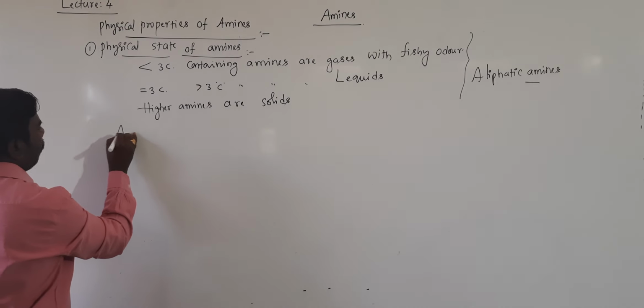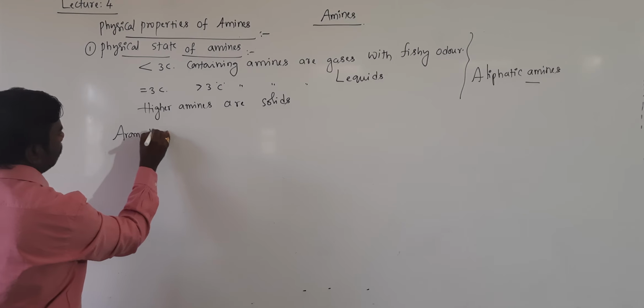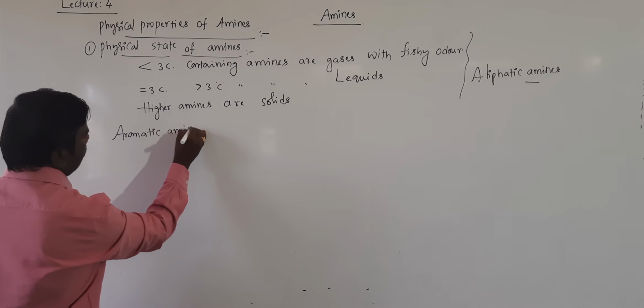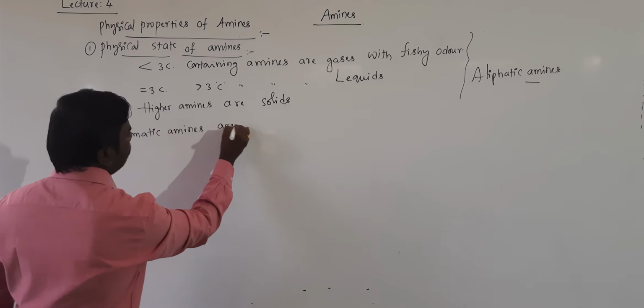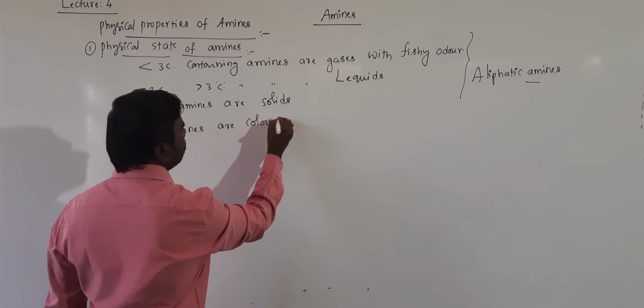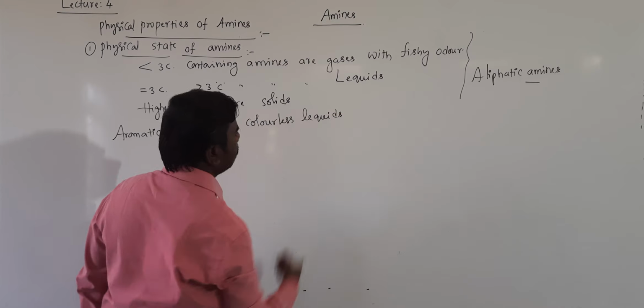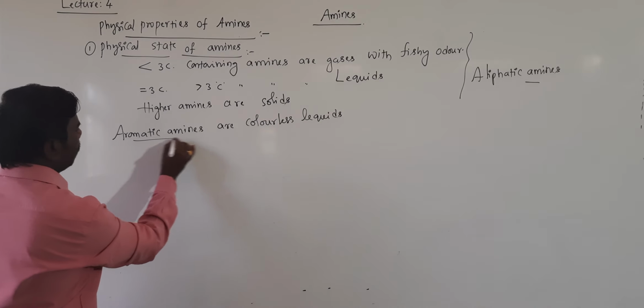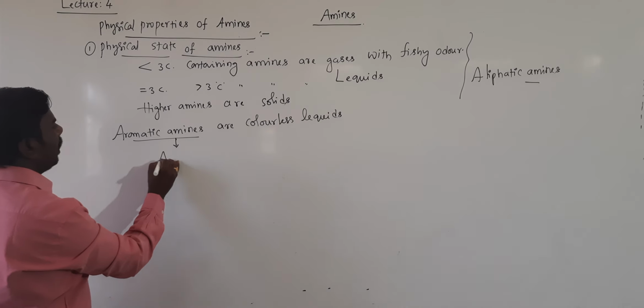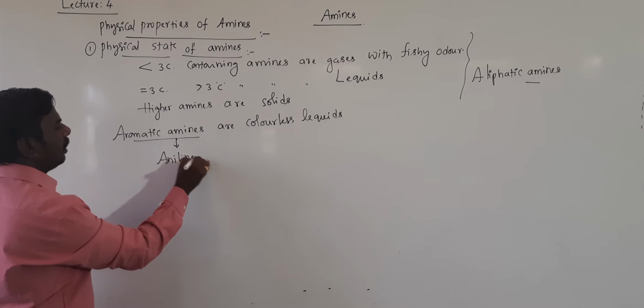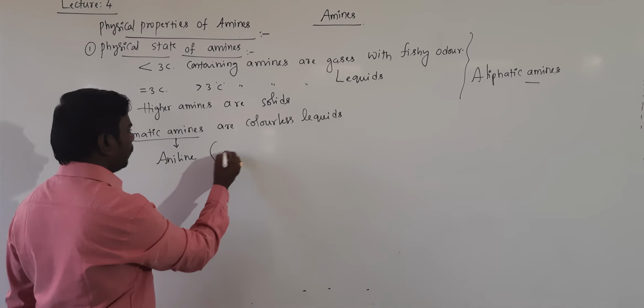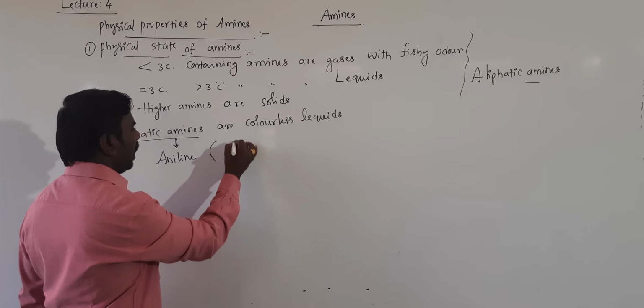Now aromatic amines are colorless liquids. The best example of an aromatic amine is aniline. Aniline formula is a benzene ring with NH2.